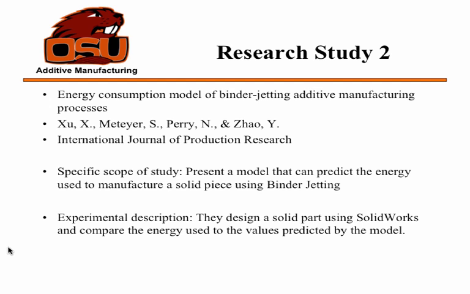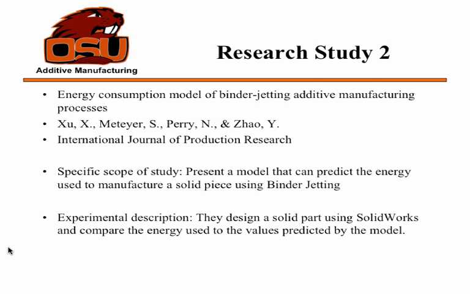Basically they identify the three main stages of making a solid part with binder jetting, which is setting a layer of powder, jetting in the binder, and heating the binder so it can dry. And they also established that using the 3D model, they can establish the distances that the head of the machine has to move.